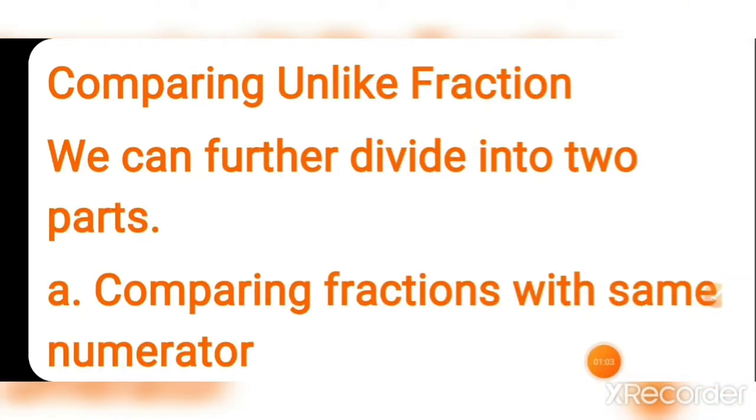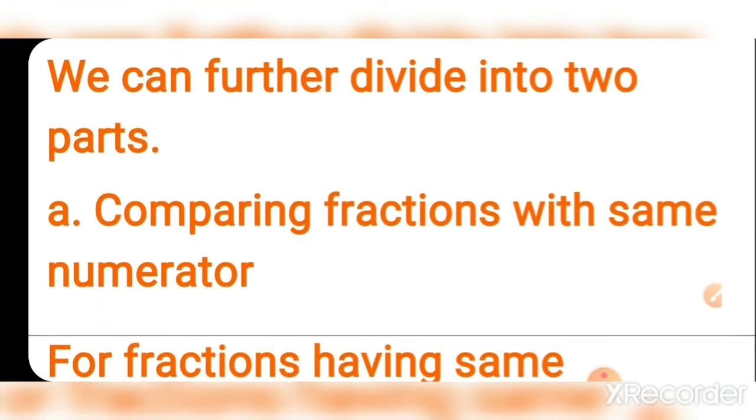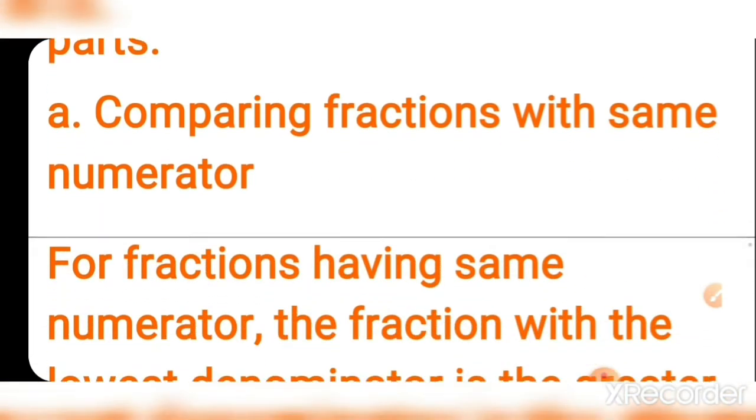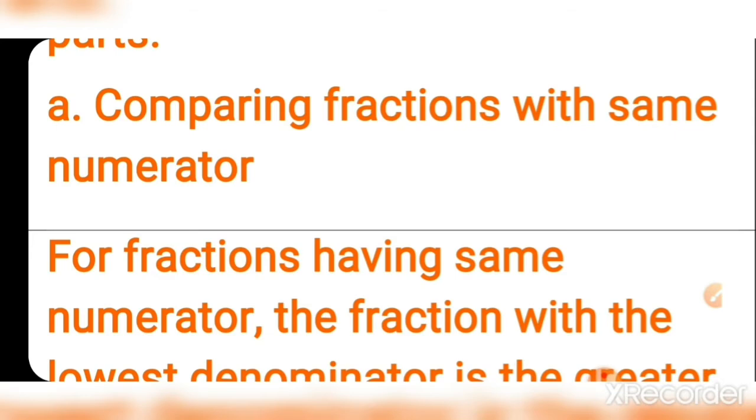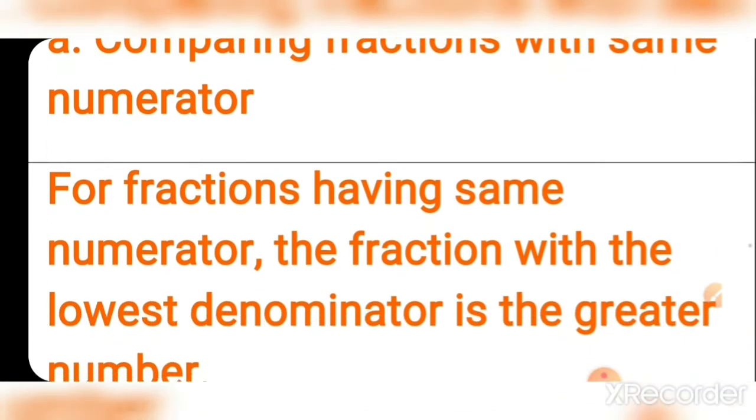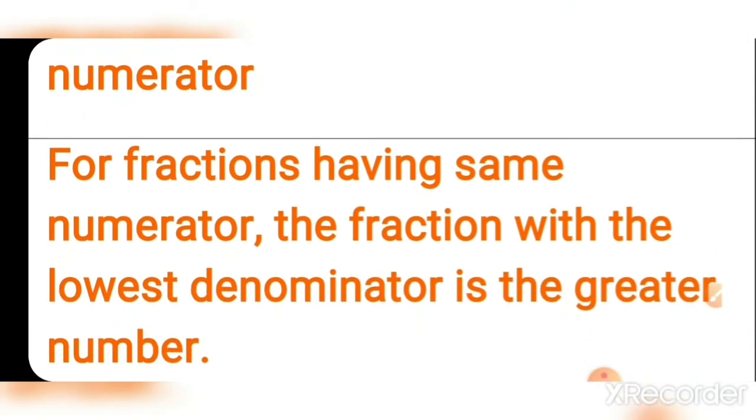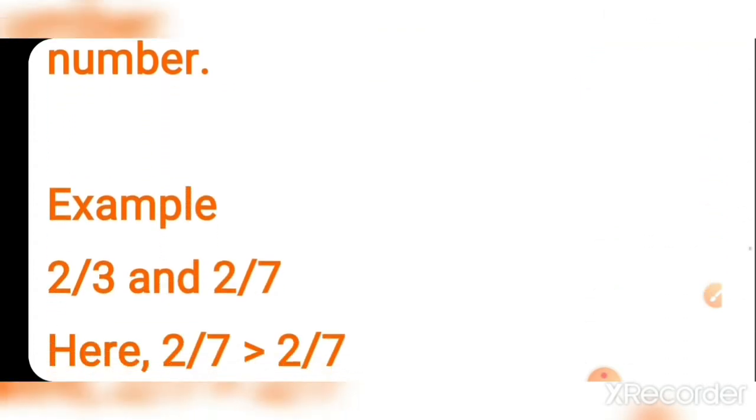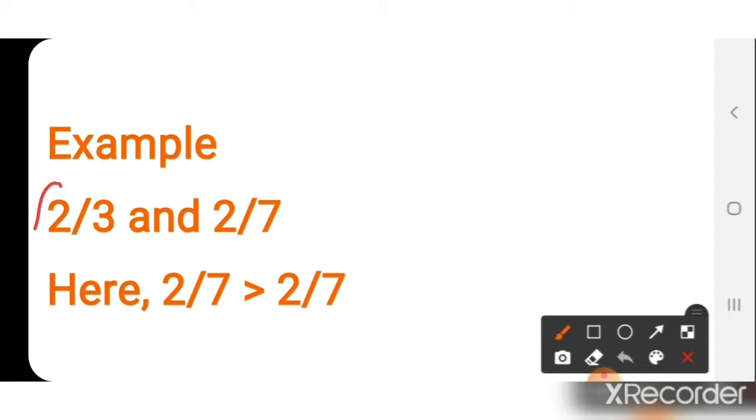Now let's learn how to compare unlike fractions. We can divide this into two parts: comparing fractions with the same numerator. For fractions having the same numerator, the fraction with the lowest denominator is the greater number. Look, here we have one example. Here the numerator is the same, 2/3 and 2/7. Denominator is different.